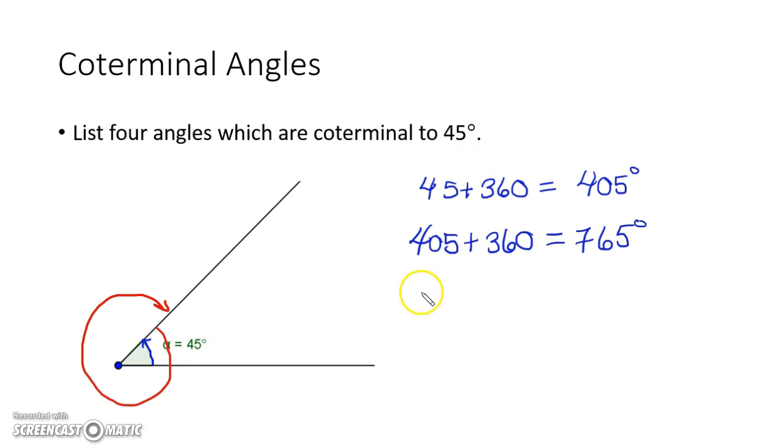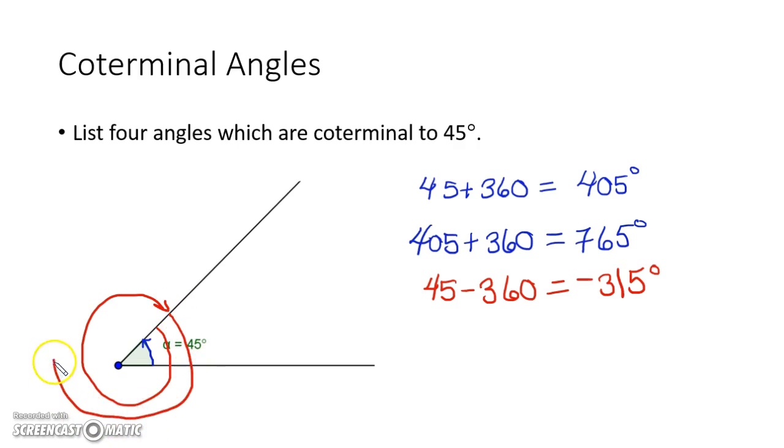So we start with our original 45 and just subtract 360 degrees. What is that going to get us? 45 minus 360 is negative 315 degrees. This would also be a coterminal angle to 45. Just for fun, let's do one more because we need those 4 angles.